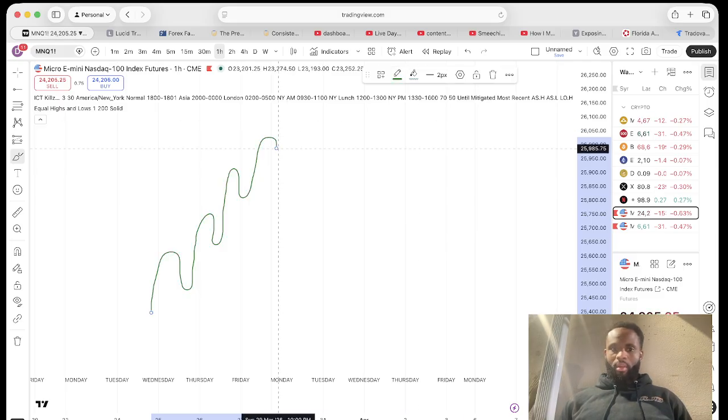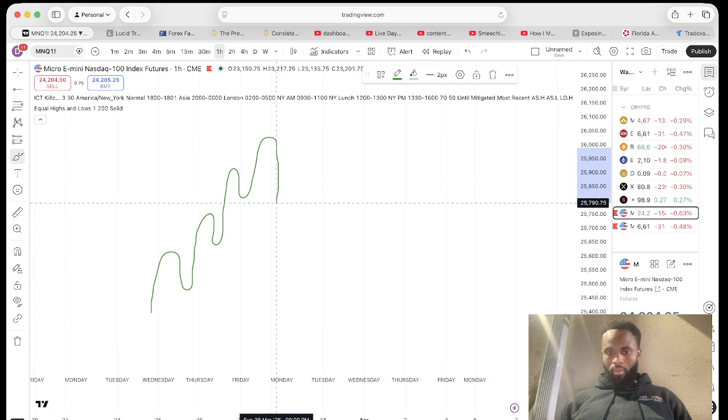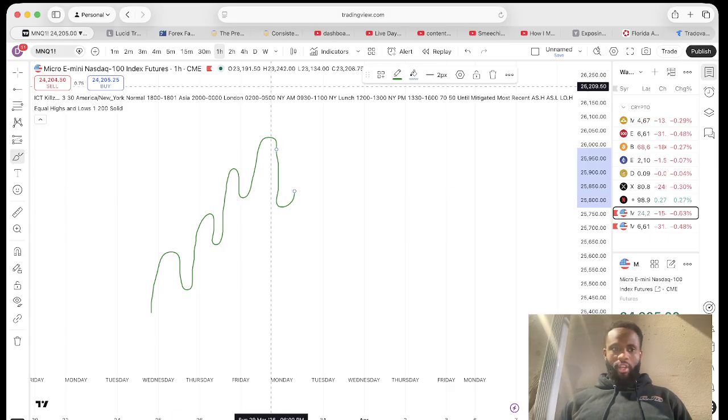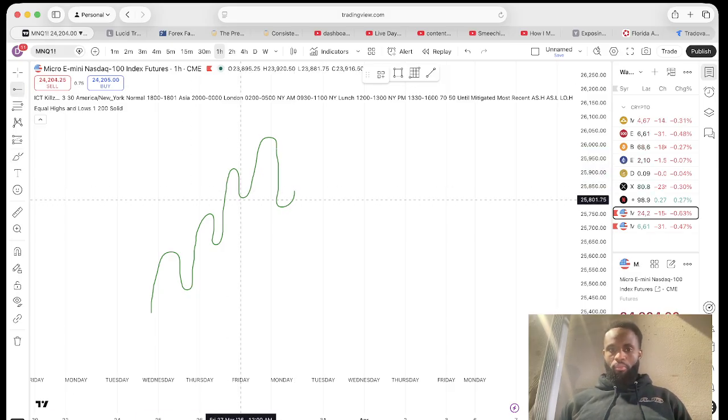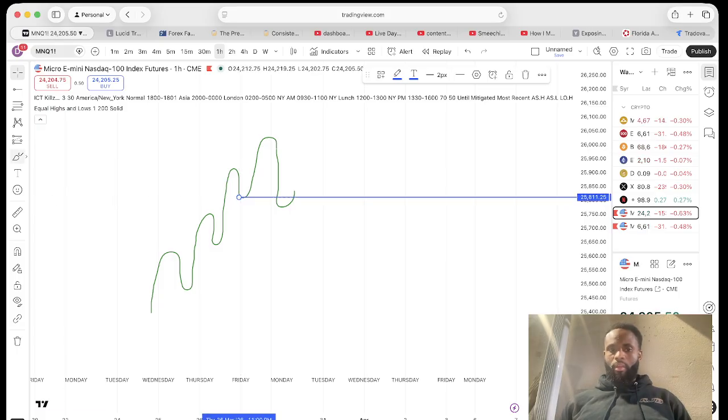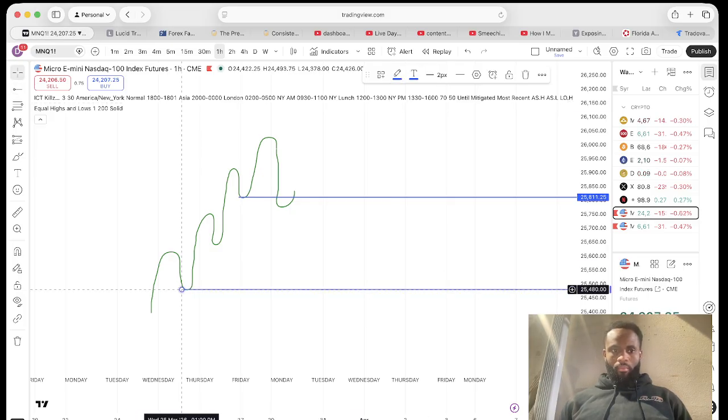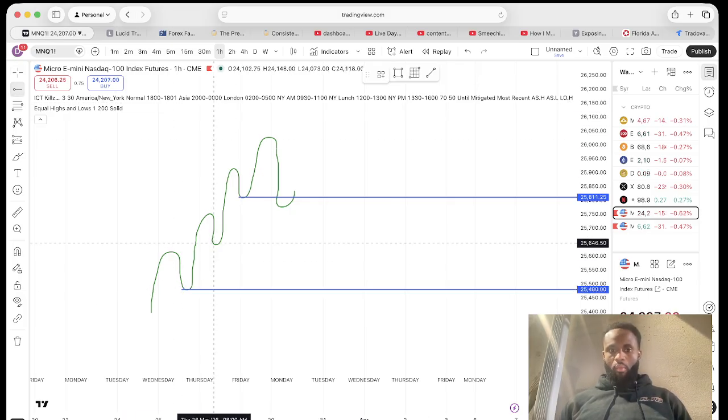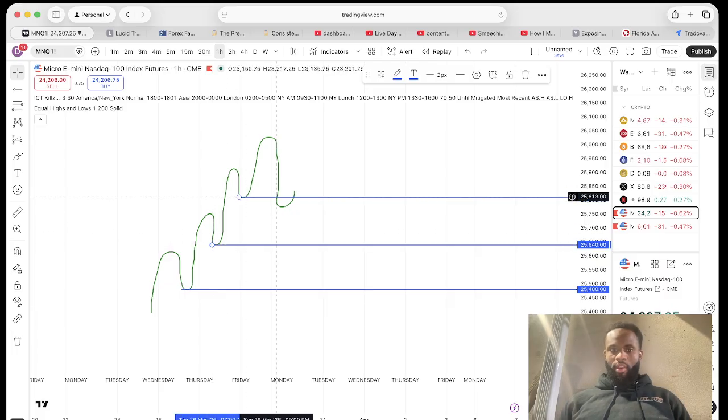We might start coming down and creating a lower low. See this? We created a higher low, sorry, boom. After all these lows, we finally broke structure and created a lower low.